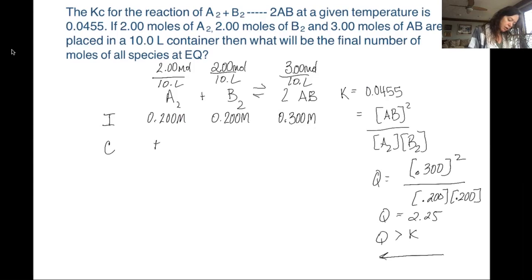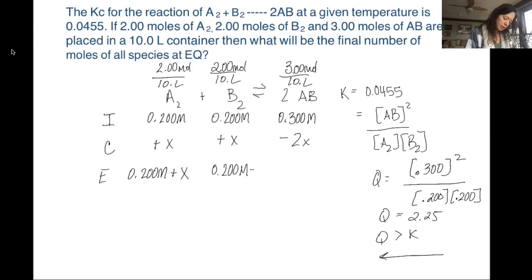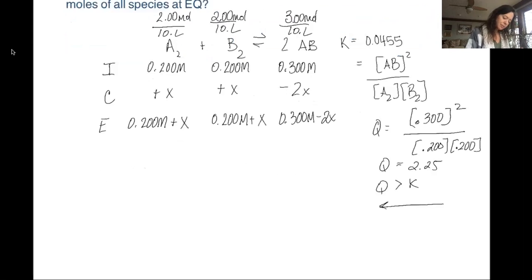I will gain reactants while I lose products because I am shifting towards the left. At equilibrium, this will be 0.200 molar plus X, 0.200 molar plus X, 0.300 molar minus 2X.